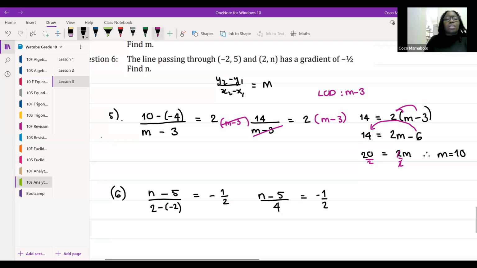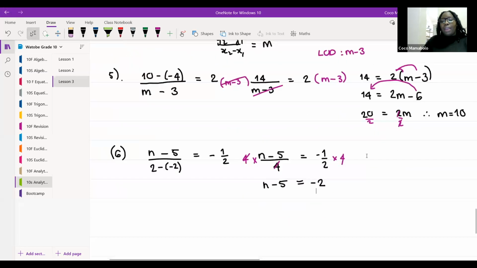I'm then going to multiply both sides by 4. The 4s will cancel. I will end up with n minus 5 is equal to -2. And then I will bring the -5 over to the other side, and I will end up with n is equal to -2 plus 5. Therefore, n is equal to 3.